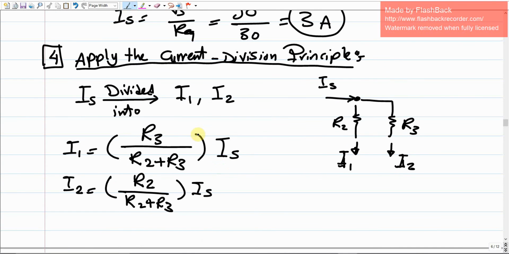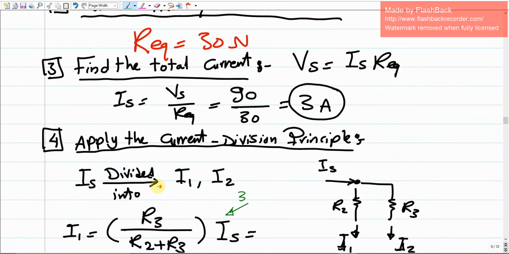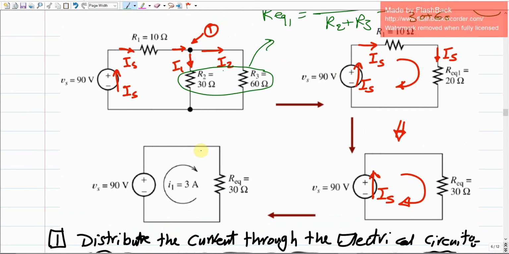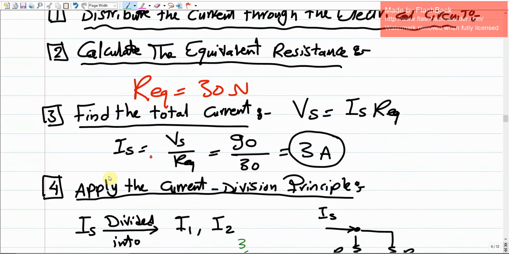So let us do the calculations here. How much is IS? We just calculated IS, the total current, as 3. And R2 and R3 were given as 30 and 60. R2 is 30, R3 is 60.